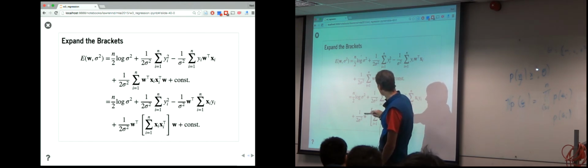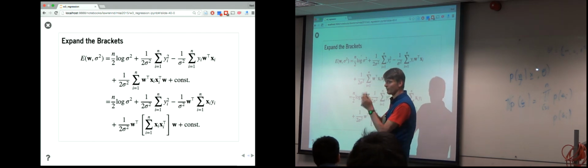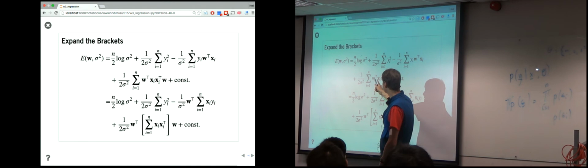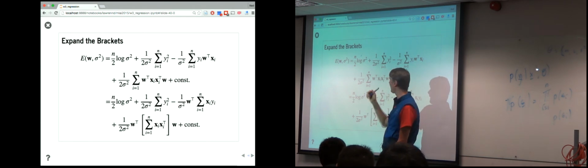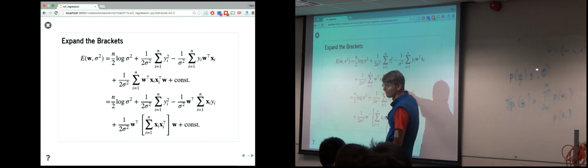I've written it in this particular way. W transpose xi is just this squared, right? This is a scalar, and that's a scalar. It doesn't matter which way around I put it. So W transpose xi is a scalar, and I could just put W transpose xi squared to expand those brackets, and that might be a bit more familiar.